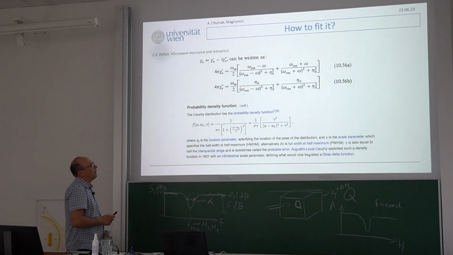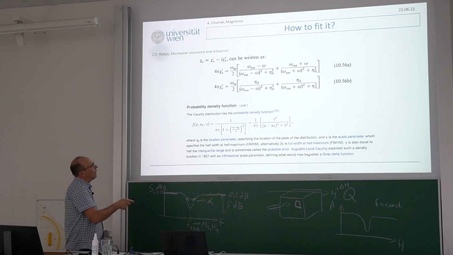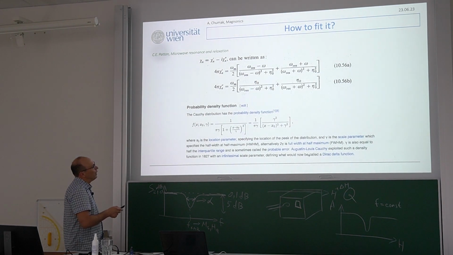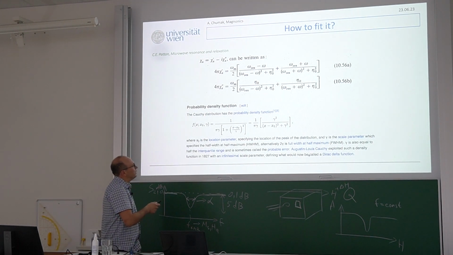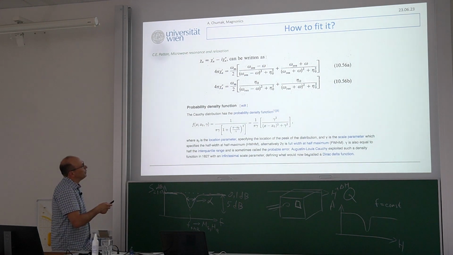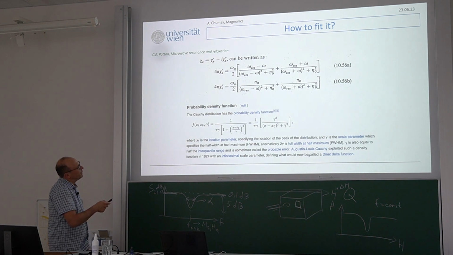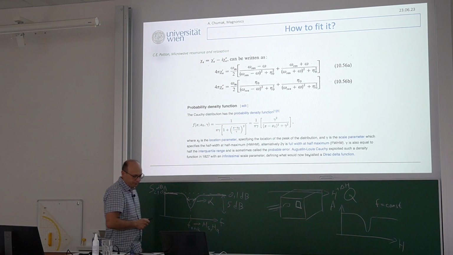And here at the bottom I show you the Cauchy distribution, or Lorentz function more or less, which we use to fit. And you see that principally the second term is not in the standard Lorentz.